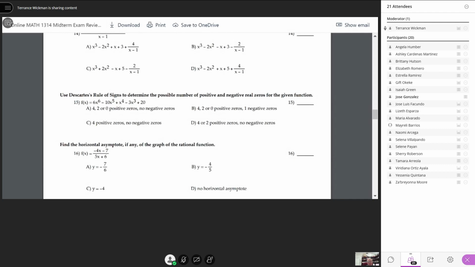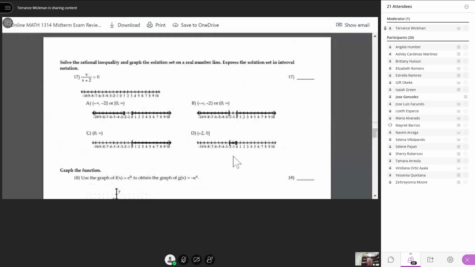Boom. If the numerator is greater than the denominator, it's the x, and if it's less than, there's no horizontal asymptote. This is what you need to be worried about. The answer is B. As long as the x's are the same in terms of exponents, it's the number in front of the x's in terms of a fraction. So you see how I got the -4 and the 5? I get B as my answer. Pretty simple.